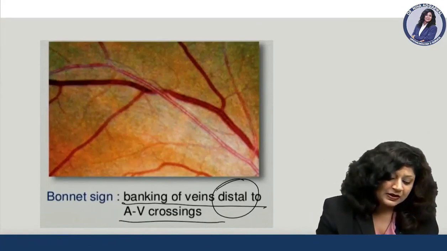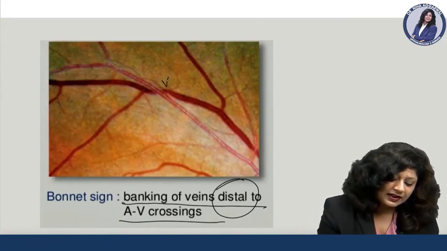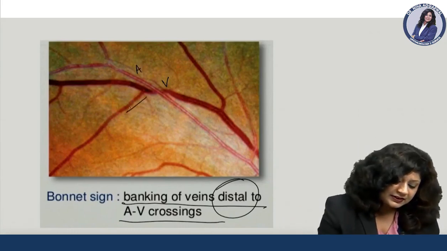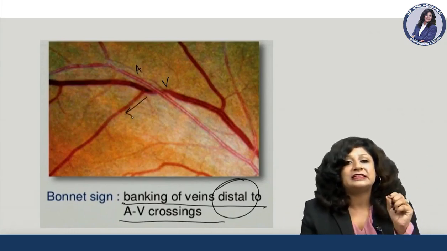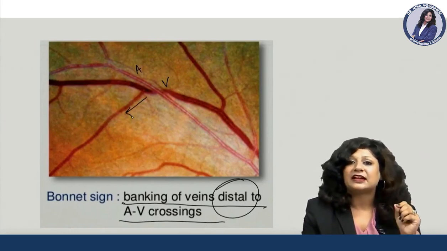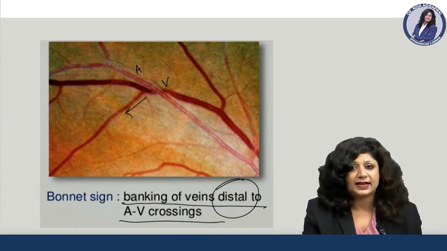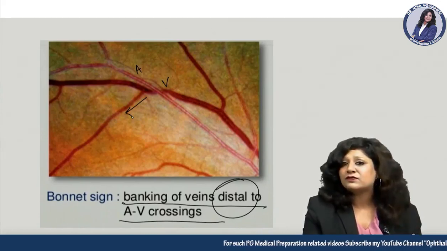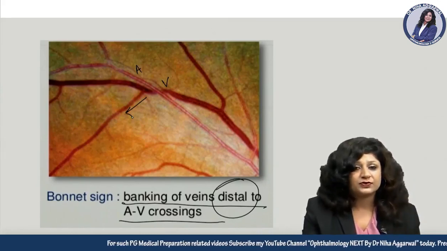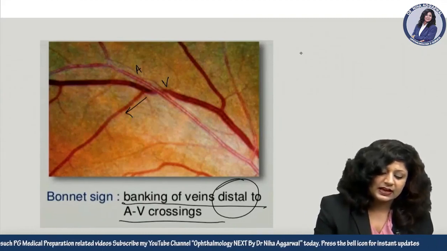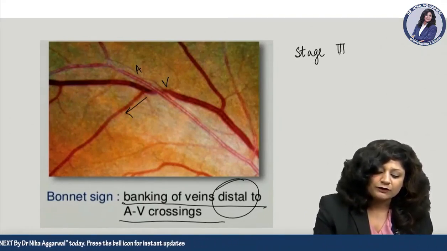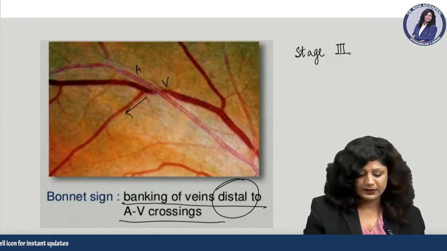This darker one is a vein and this lighter one is an artery, and this is the deflection of the vein that you are getting distal to the AV crossing. That is why it is called the Bonnet sign. So you are clear with the Salus sign that was found in stage 2 hypertension retinopathy. This is the Bonnet sign, which is found in stage 3 of hypertension retinopathy.